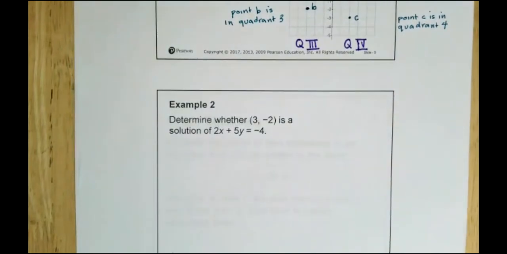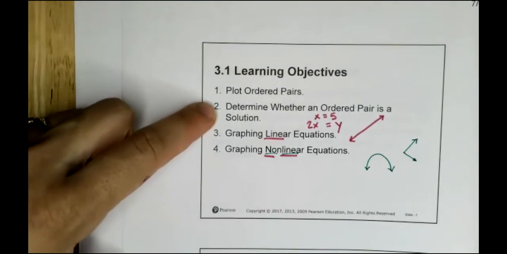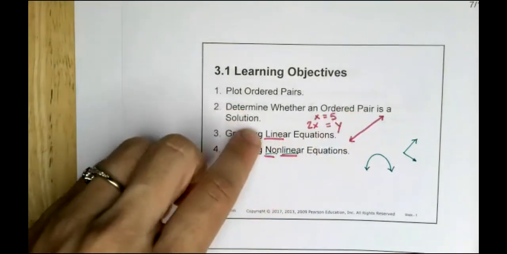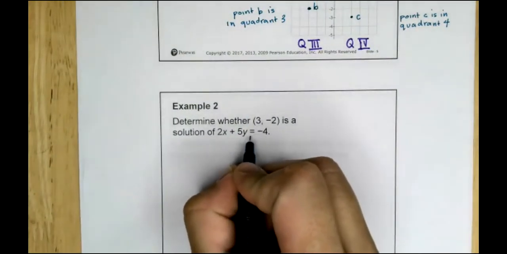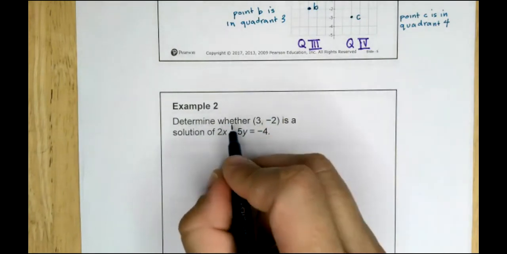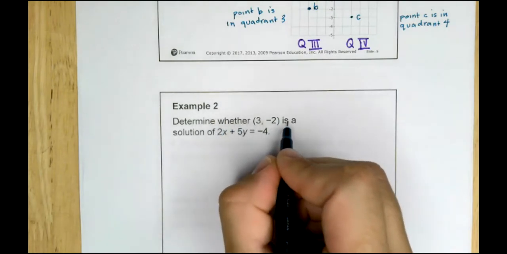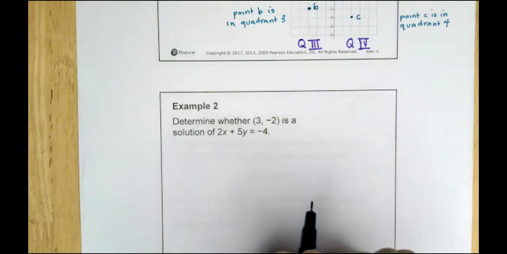Now we got our final learning objective, okay? Determine whether an ordered pair, a point, is a solution. So we have an equation, because here's an equal sign, right? Determine whether, which means yes or no, is 3, -2 a solution of 2x plus 5y equals -4.